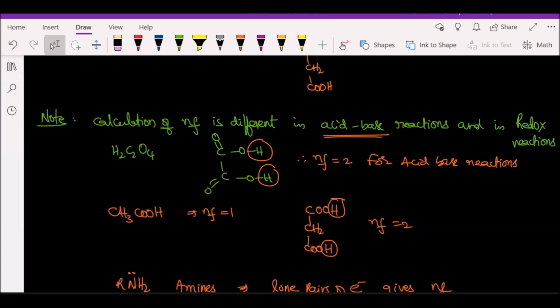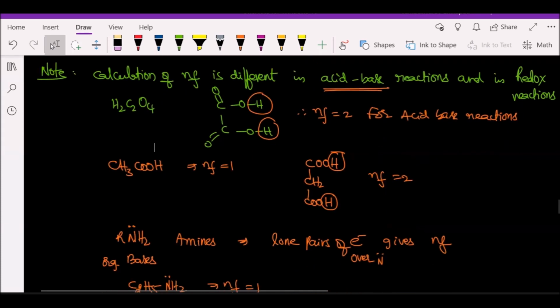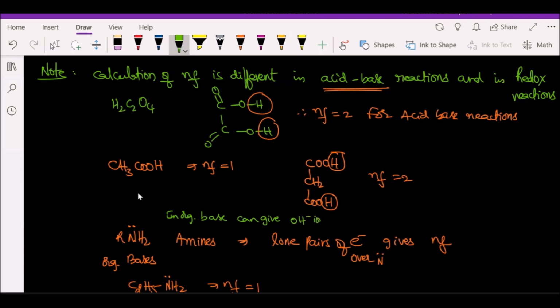The difference is, I'm giving you point clarity here. An inorganic base can give OH minus ions. Organic bases do not give OH minus ions.